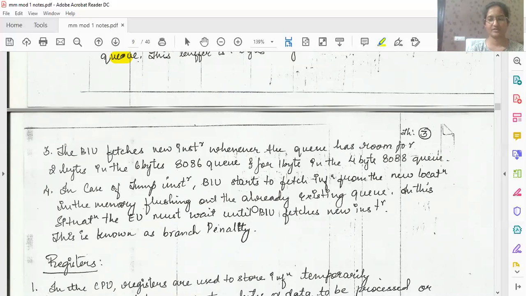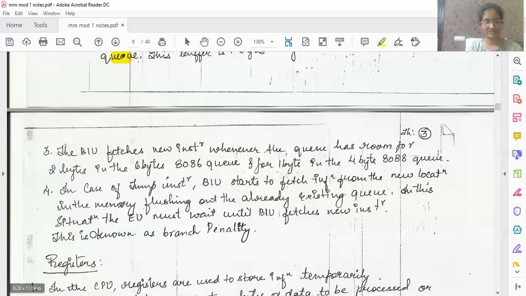Usually the processor goes to the new memory location, isn't it? So that instruction will be fetched, flushing out all the queue. In this situation, the EU must wait until the BIU fetches the new instruction. The EU has to wait in this case for a few seconds, right?